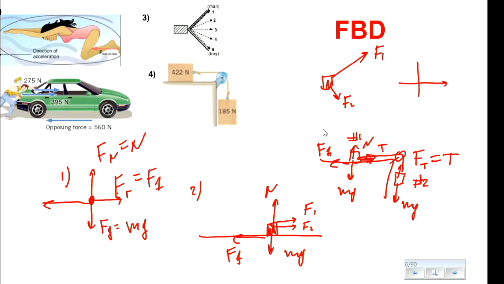Always use components. As long as we say this is a vector, that automatically means we can do anything we've done before with vectors. Which is a good thing because now we know everything about vectors.